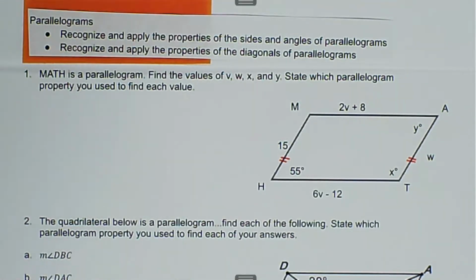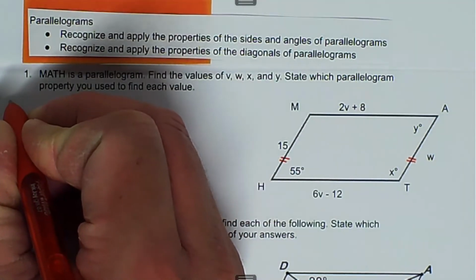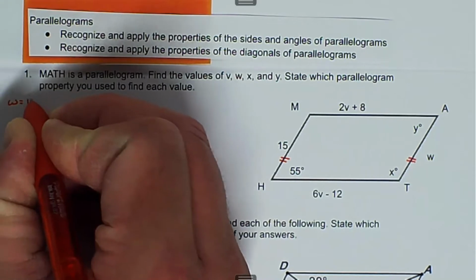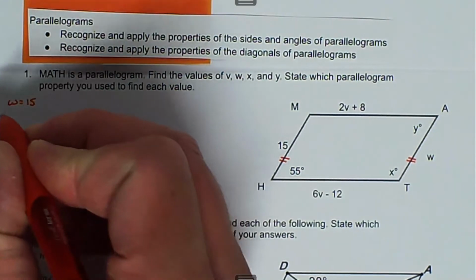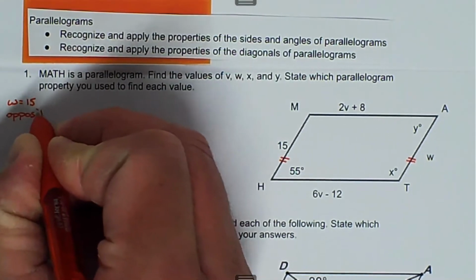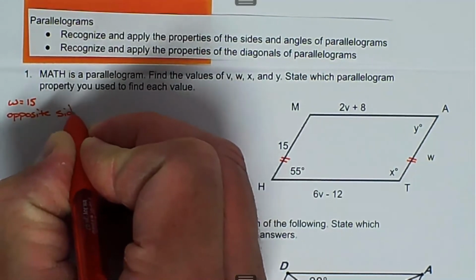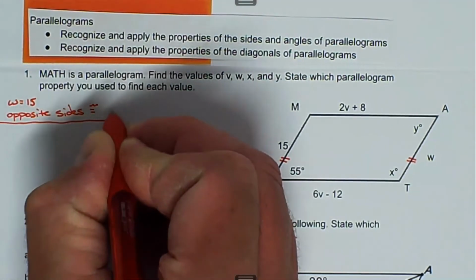So we can say that W is equal to 15 because opposite sides are congruent. So opposite sides are congruent right there.